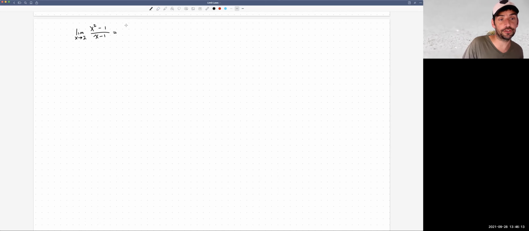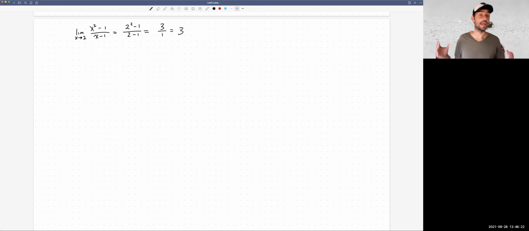These are each polynomials, so I can take 2 squared minus 1 over 2 minus 1, which is 4 minus 1, or 3 over 1, or 3. And so we can do rational functions as long as the denominator function is not equal to 0 at the place we want to do the limit.